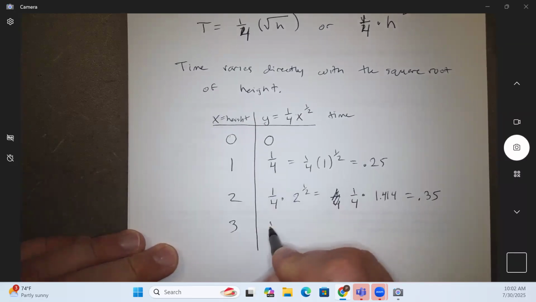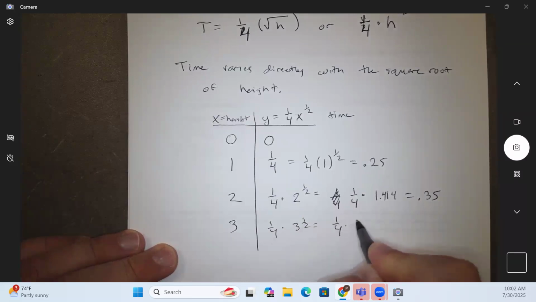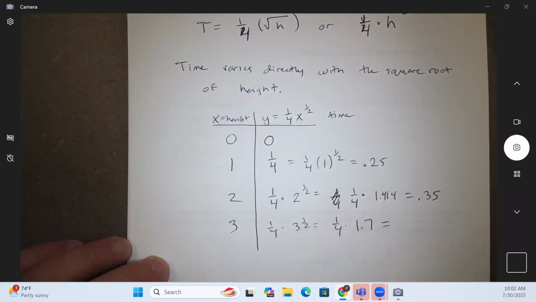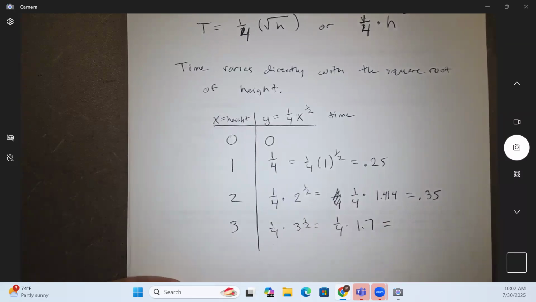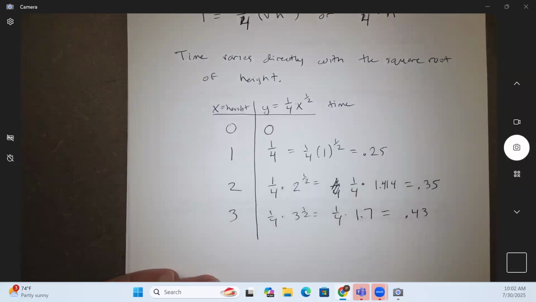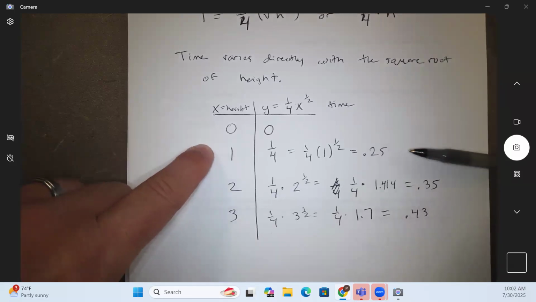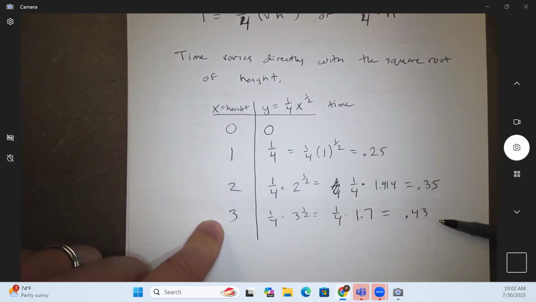If I do 3, it's going to be 1/4 times 3 to the 1/2, which is 1/4 times 1.7 approximately, which is 0.433. You still fill out your table just by plugging your input through, but it's not increasing at a constant rate anymore.